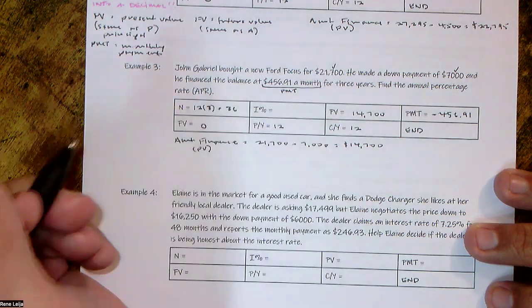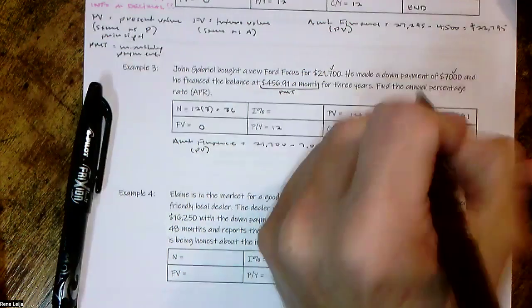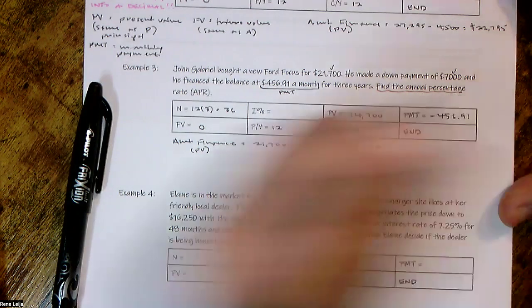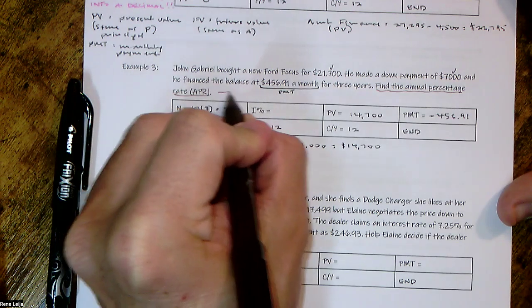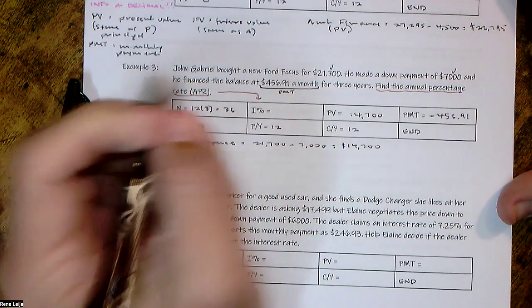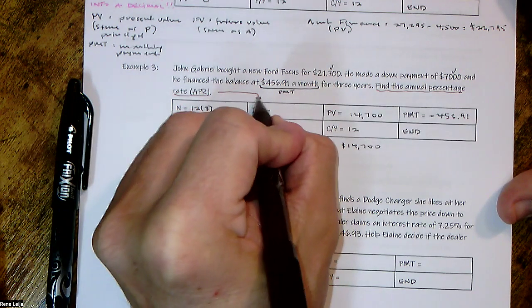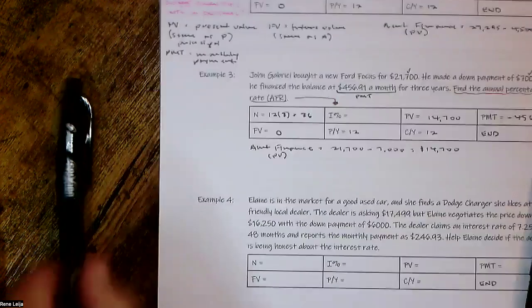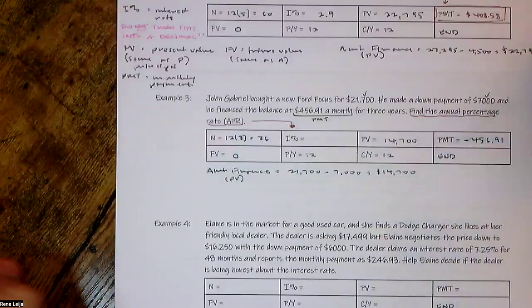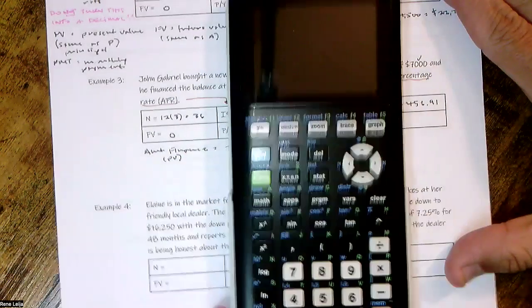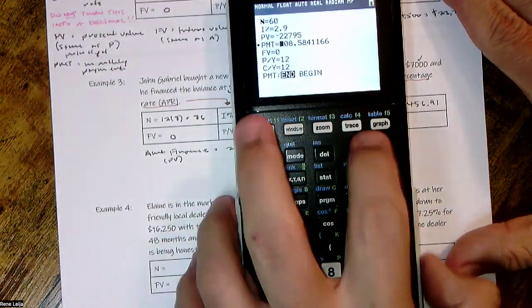And this is what I'm looking for. Find the annual percentage rate. So that's what I'm looking for. Okay. All right. Now we have all the information that we needed. So here we go. So now watch.